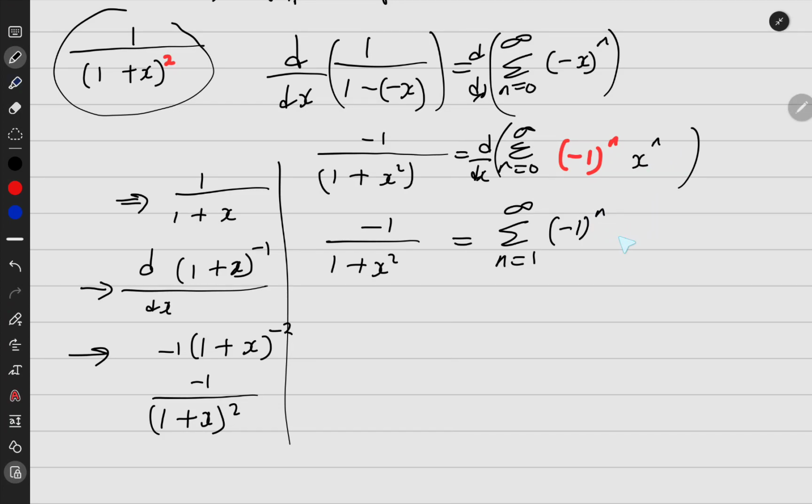This one has an x involved. This n will come down, and we'll have x to the n minus 1, and then we are good. I can take this negative to the other side by multiplying on both sides, same as dividing. So 1 over (1 plus x) squared is equal to what is going to happen here.